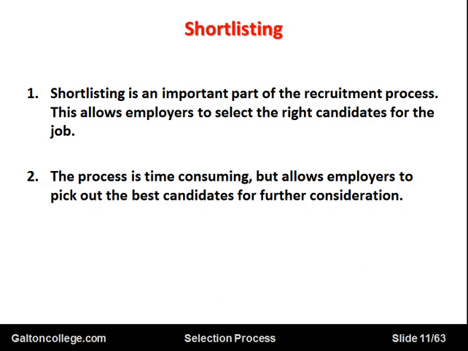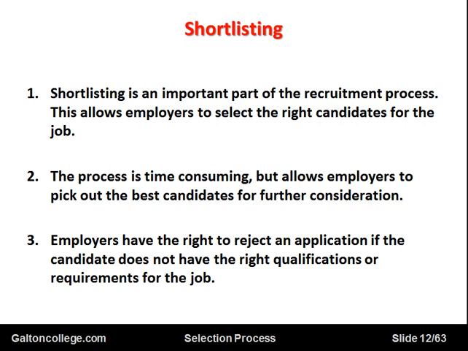The process is time consuming, but it allows employers to pick out the best candidates for further consideration. So it has to be done with care and attention. But once it's done, a much shorter list of candidates then results, and these can be dealt with in more detail.